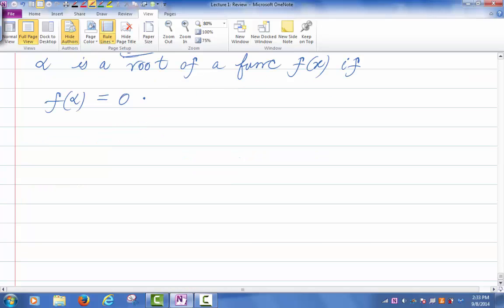Here's one fact that you want to remember about polynomials. Alpha is a root of a polynomial p if and only if. You guys are familiar with iff?